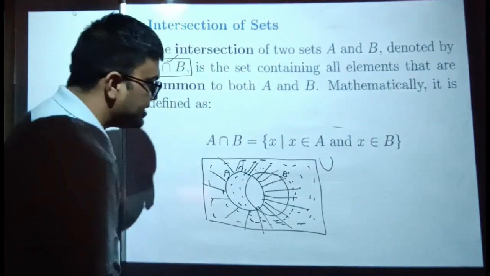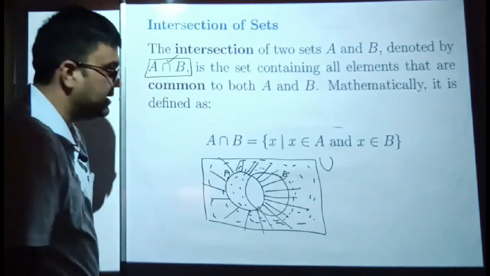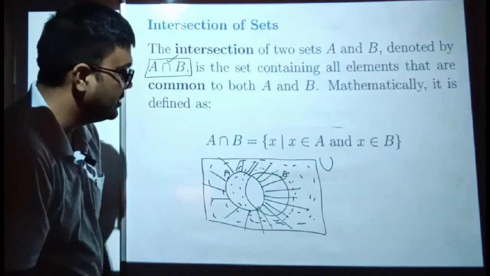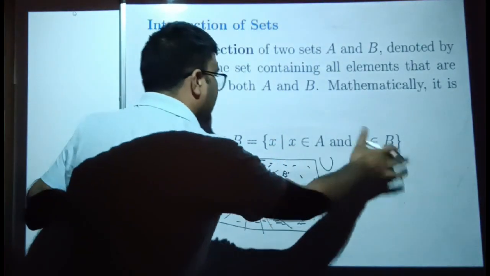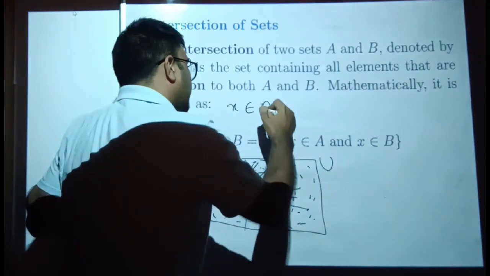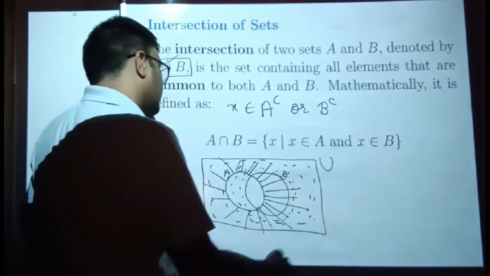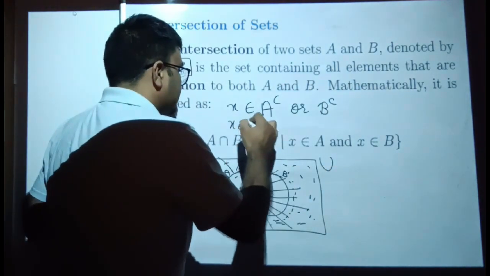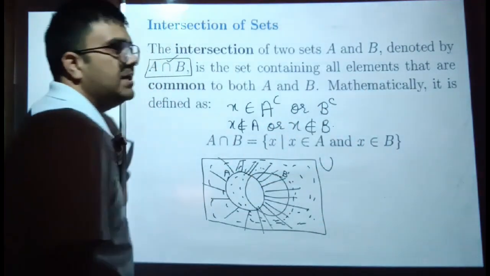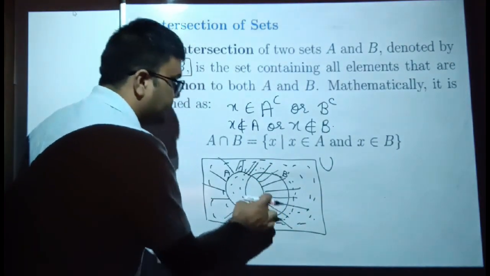What is the portion that is not shaded in any of these two cases? It is this middle portion we are left with. This is not shaded in both these cases. So if I consider an element x that belongs to A complement or B complement, another way we can say is x does not belong to A or x does not belong to B. It means that x lies outside this region.